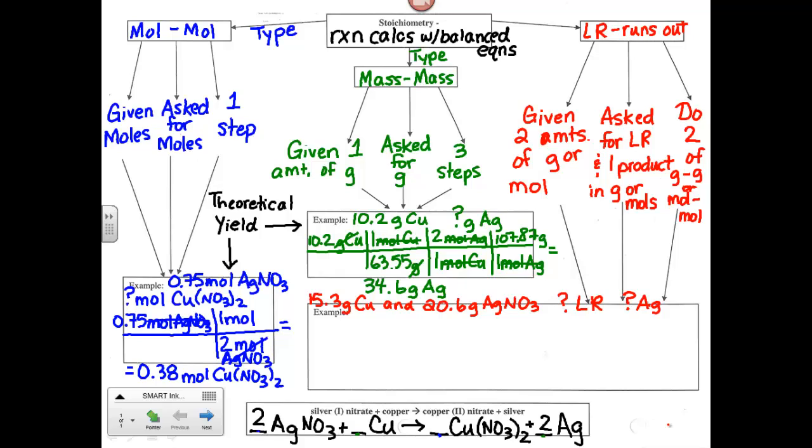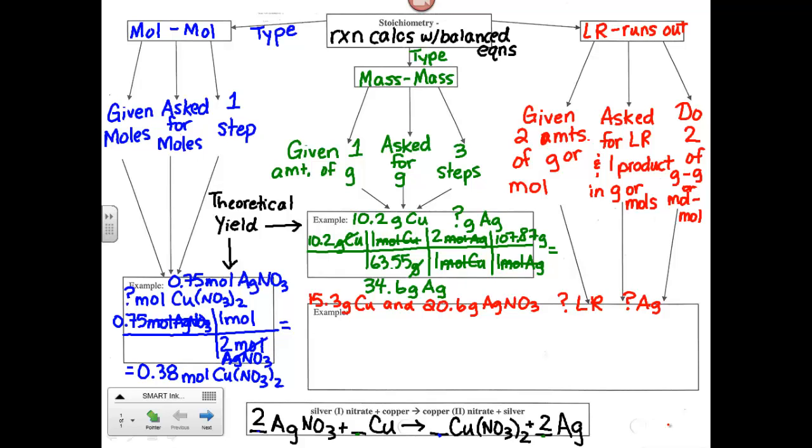Now we have to do 2 calculations. We're being given grams and asked for grams here, so these will be long ones, 3-step calculations. And we'll figure out the limiting reactant and how much silver would be produced.